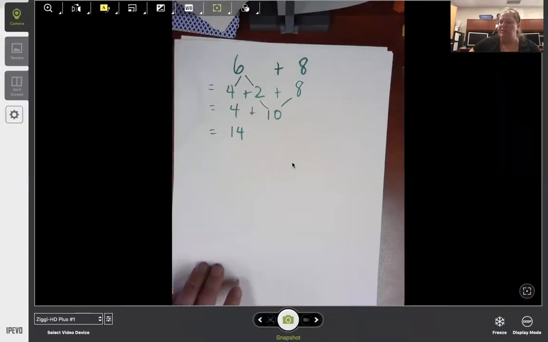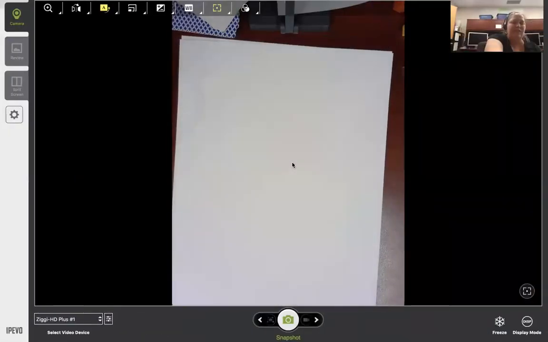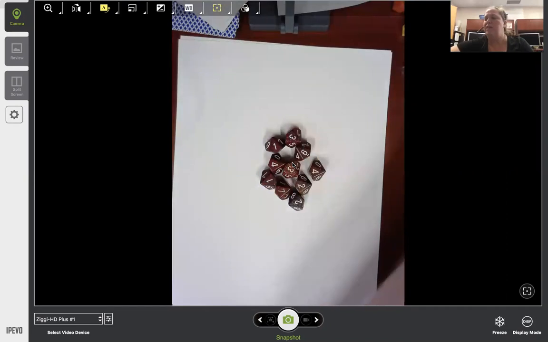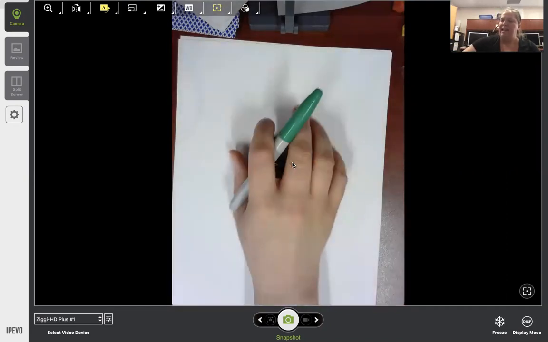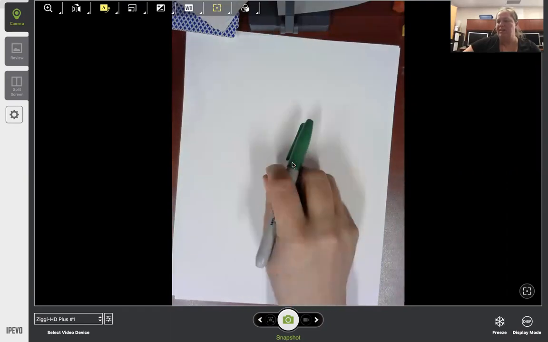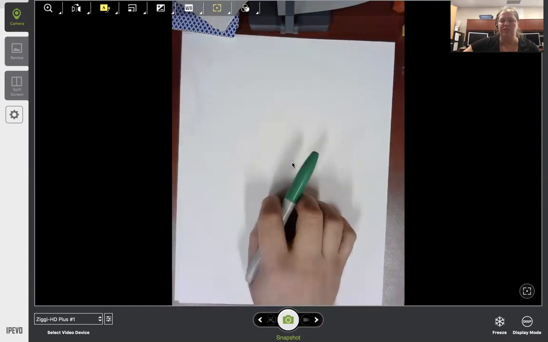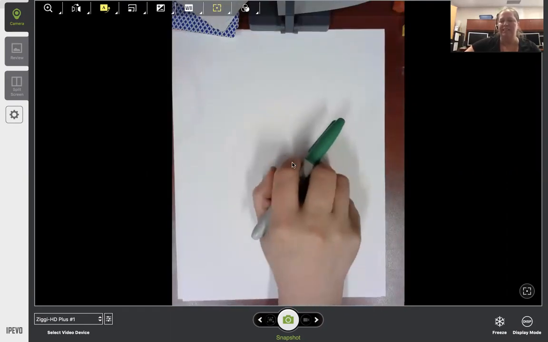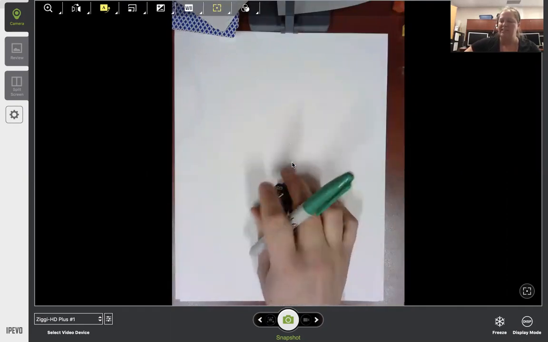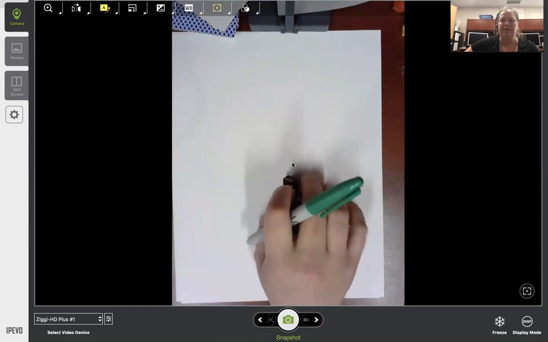So all you have to do to play Handful of Dice is have a handful of dice, so 10-ish. I have 10-sided dice here, but you can play it with 6-sided. Basically, you just pick a number that you can make using 2 of the dice that you have. So if you have 6-sided dice, 12 is your top number. And if you have 10-sided dice, then 20 can be your top number.